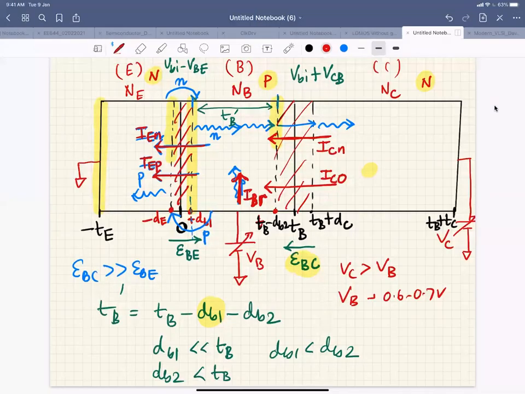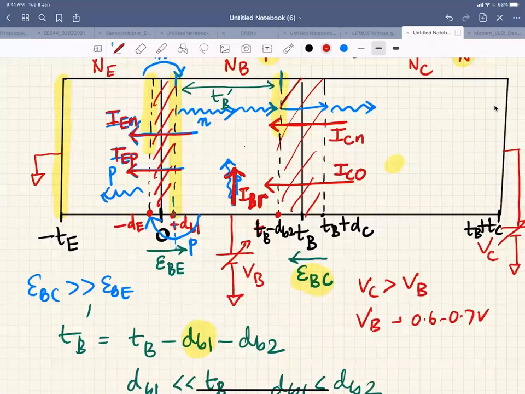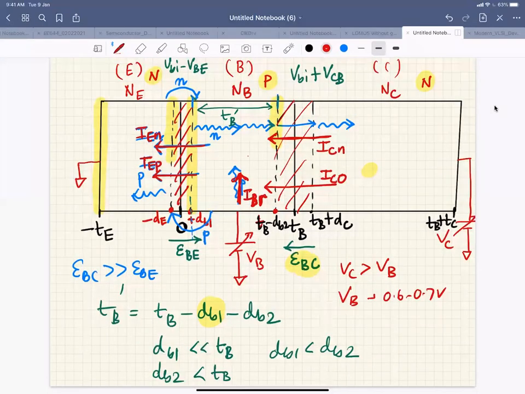But here, in this region, okay, this is a good point. I can also have minority carrier electrons drifting. So this has a p component and there is an n component also. I have minority carrier holes in the base and they could drift because of this electric field EBC, right.